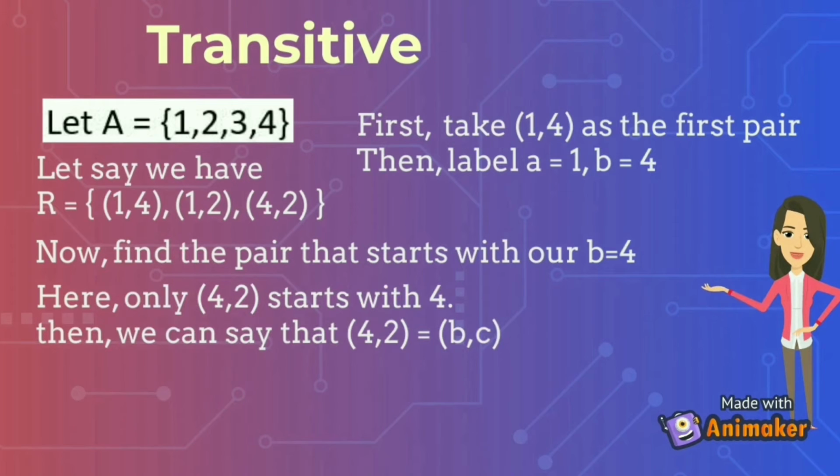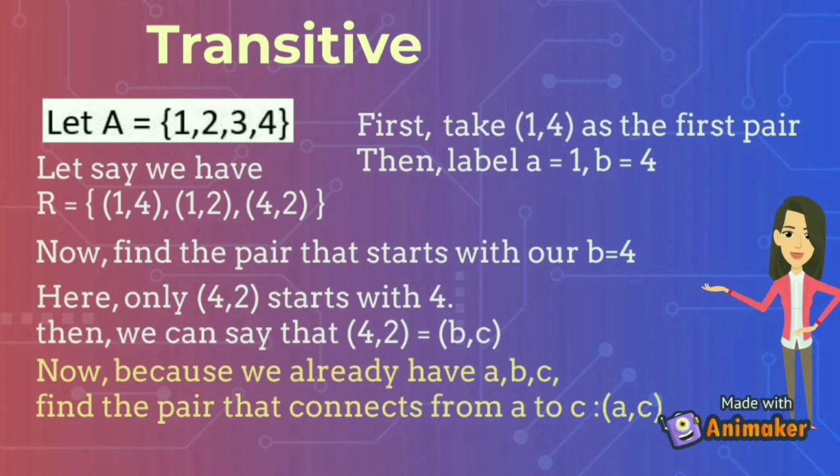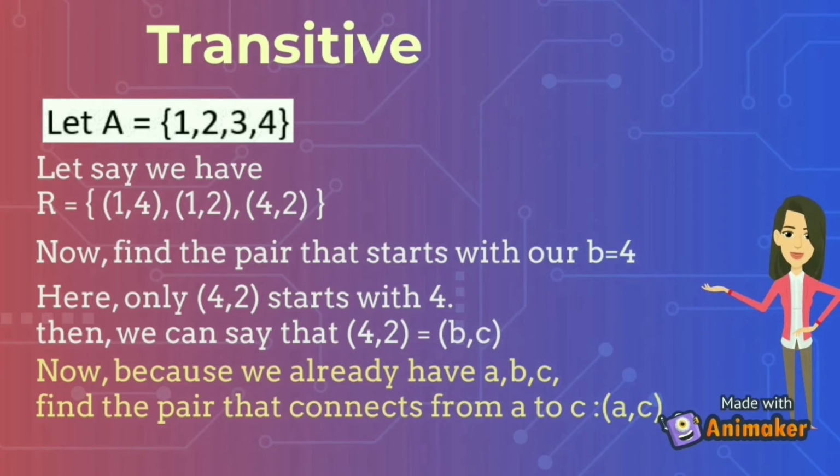The only one that starts with 4 is (4,2), so we label it as the BC pair. Now we have our A, B, and C. Now we need to find a pair which connects from A to C, which based on the ABC is (1,2). If there is no pair connecting A to C, then the relation is not transitive. But here we can see that (1,2) is inside of our relation, so it satisfies the condition for this pair.